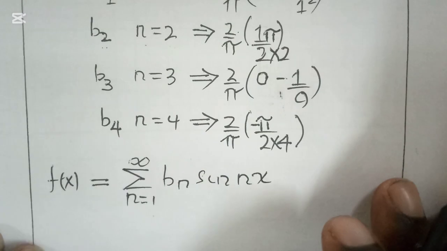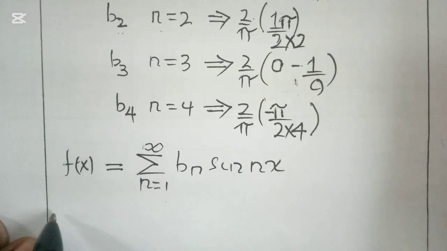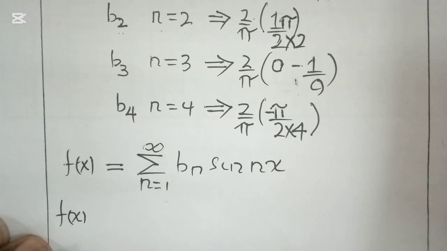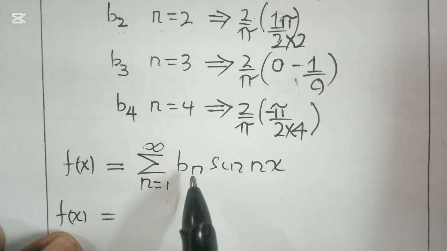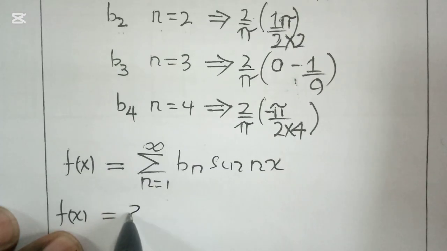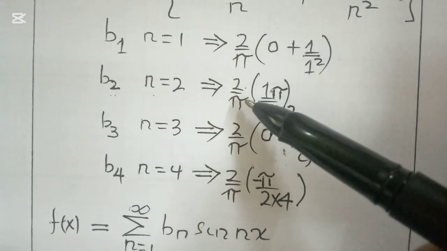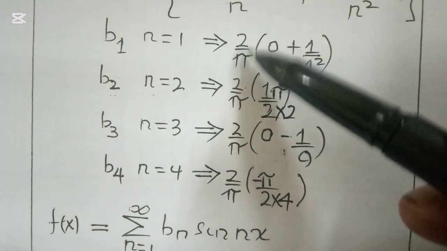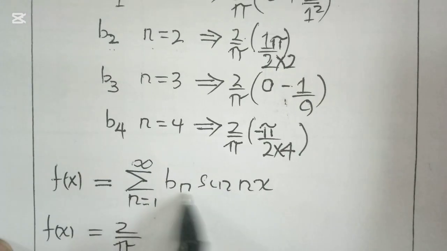So guys, let's follow that. So we are going to have f(x) equals to, then we write the first bn, which is now 2 over pi. We factor out the 2 over pi, guys, so we do not have to write the 2 over pi always. So from there, that is the b1.